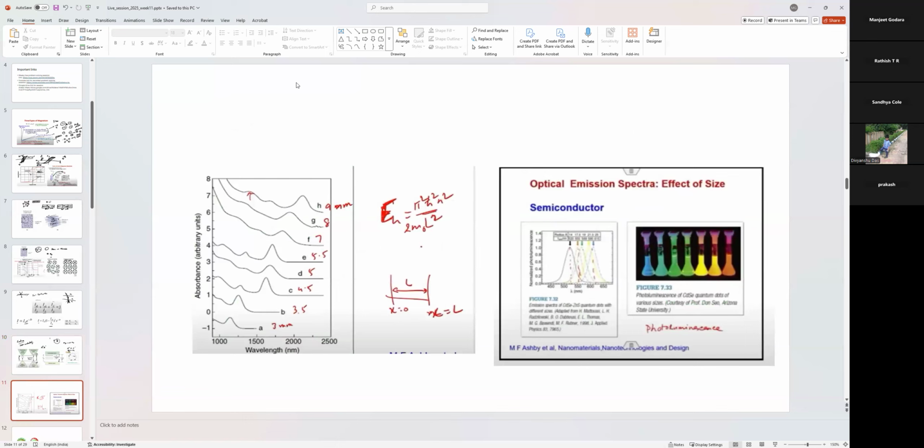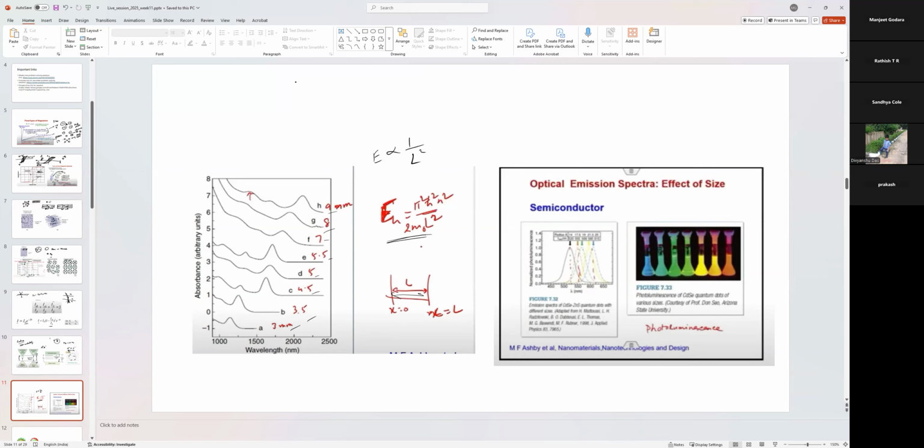Next, how does the size affect the optical absorption spectrum? Here you have the absorption spectrum of particles with different sizes. Do you remember this equation for a single particle in a box? There you go. Energy is inversely proportional to the dimension L squared.